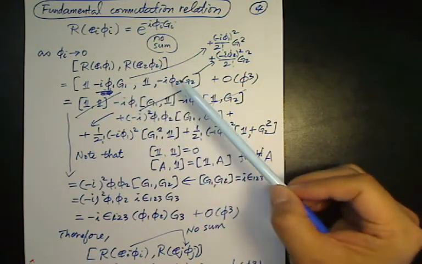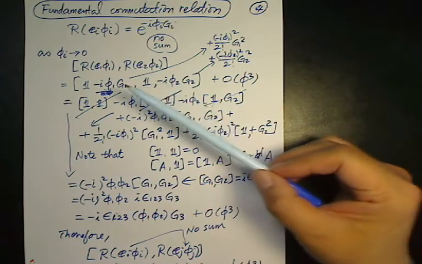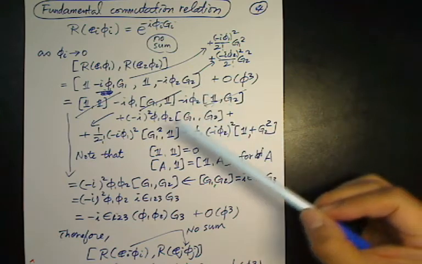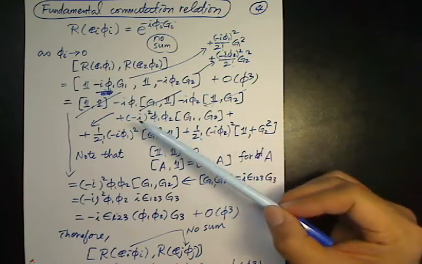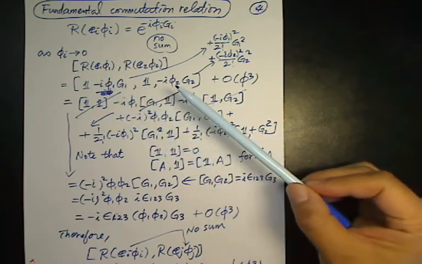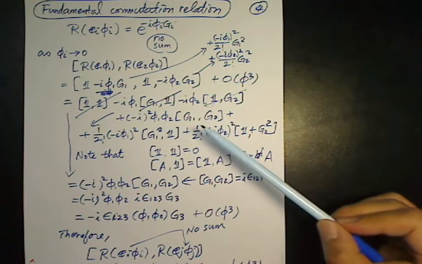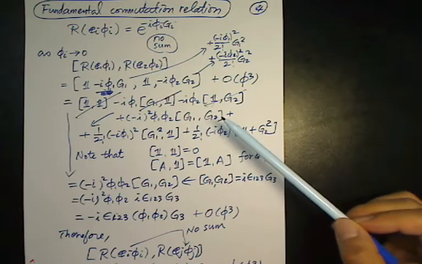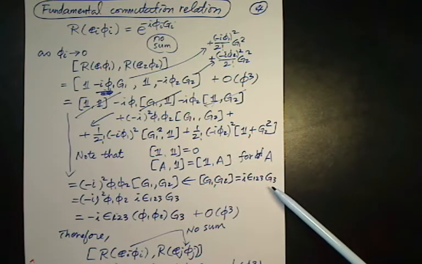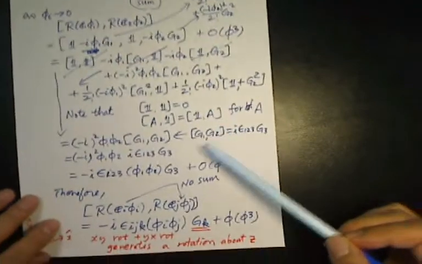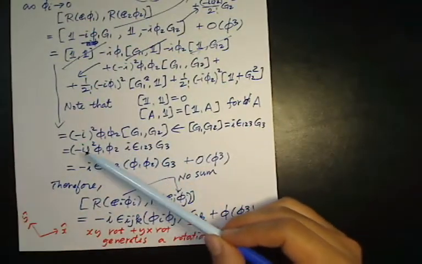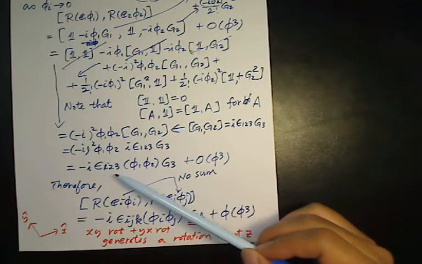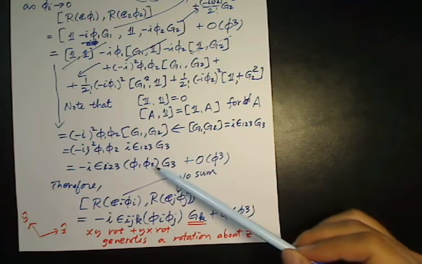So the only non-vanishing leading contribution will be g1 g2 style. So we have minus i squared, parameters phi1 phi2 angles, and the G1, G2 commutator. But we know that the G1, G2 commutator is i G3. So we have minus i epsilon 1, 2, 3 phi1 phi2 G3 style.